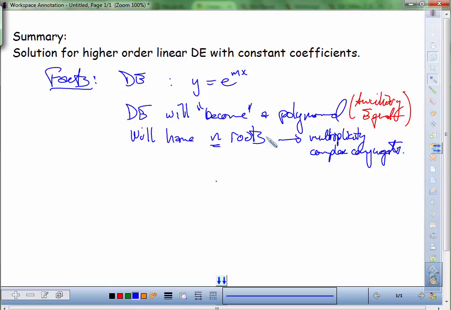Well, I guess before that, in our summary of facts here, we have multiplicity. We multiply the solution by a power of x.